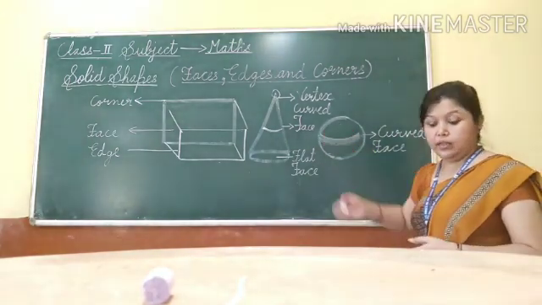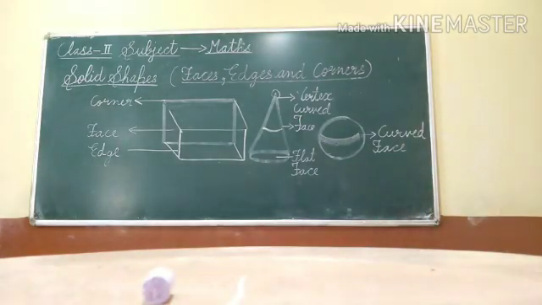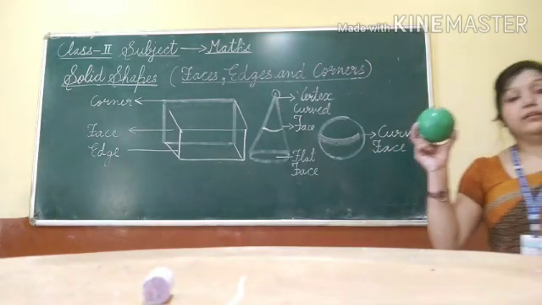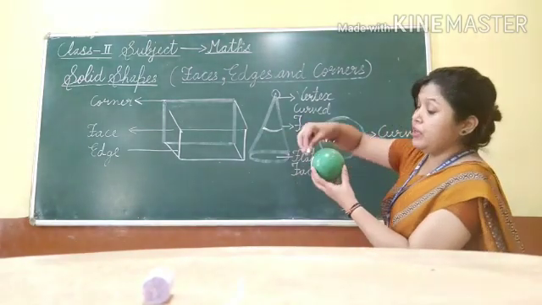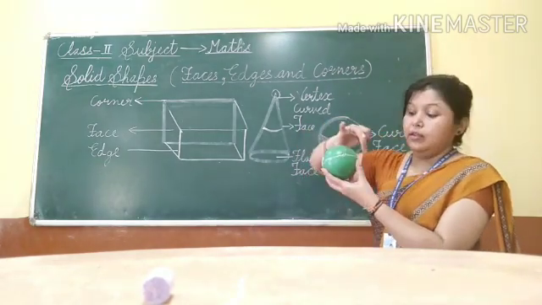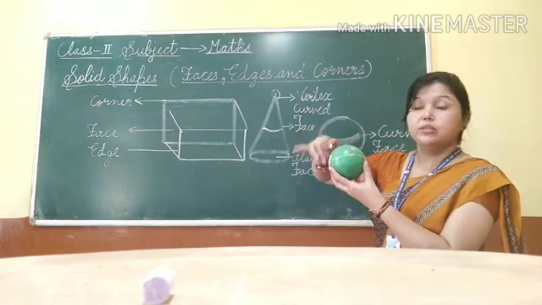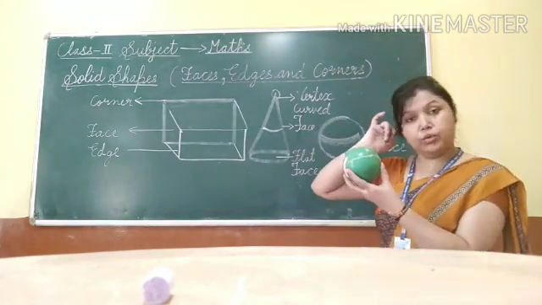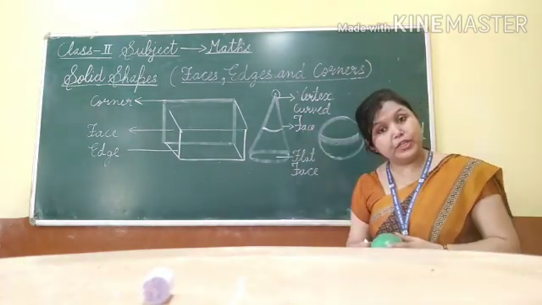Flat face. Now you can see a ball. Say this is a ball, and if we draw a line, we can find a curved face. So I hope you understood.